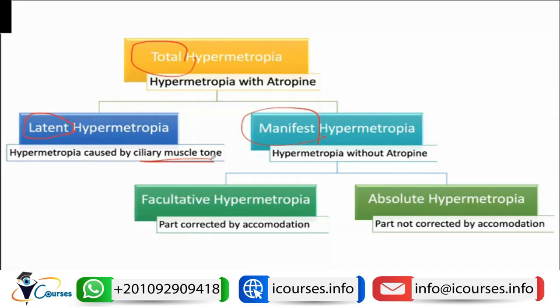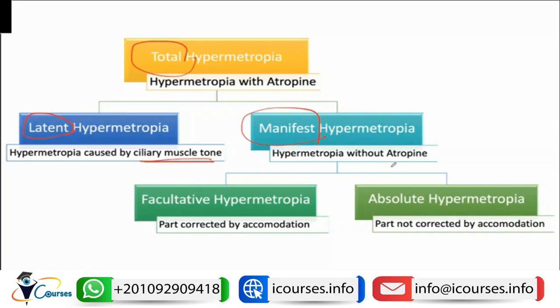So you cannot relax your ciliary muscle tone because it is present all the time. A part of the total hypermetropia will be the latent hypermetropia caused by the ciliary muscle tone, and the remaining part of the total hypermetropia will be called the manifest hypermetropia. It is the hypermetropia without atropine.